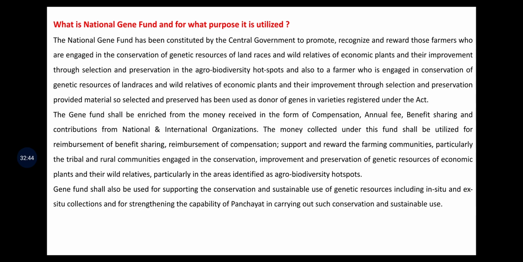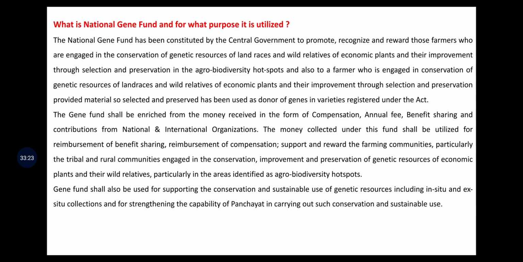The money collected under this fund shall be utilized for reimbursement of benefit sharing, reimbursement of compensation, support and reward to farming community, particularly the tribal and rural communities engaged in conservation, improvement, and preservation of genetic and economic resources of plants and their wild relatives, particularly in the area identified as agro-biodiversity hotspots.